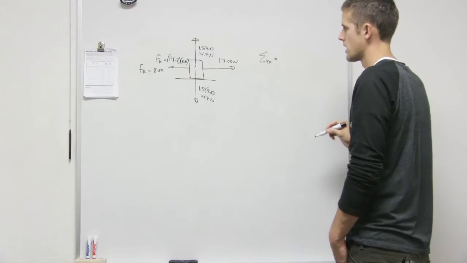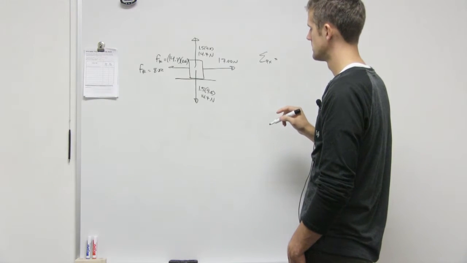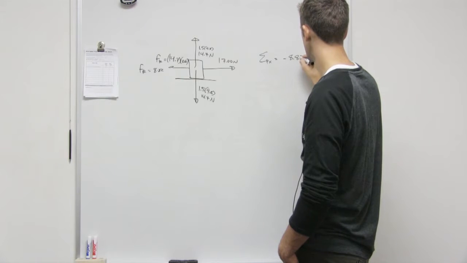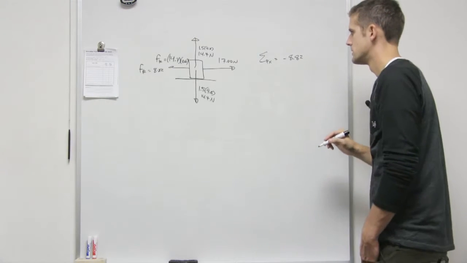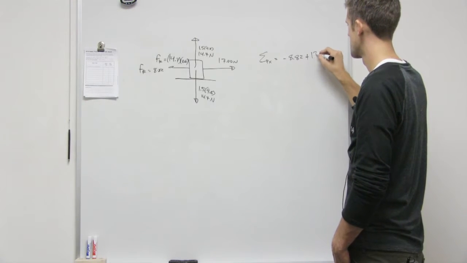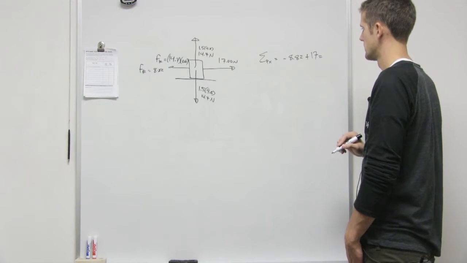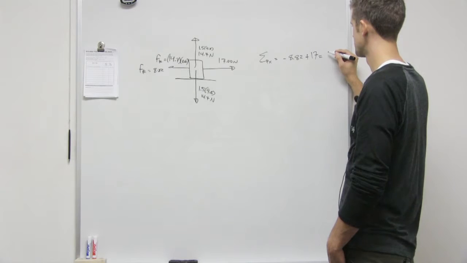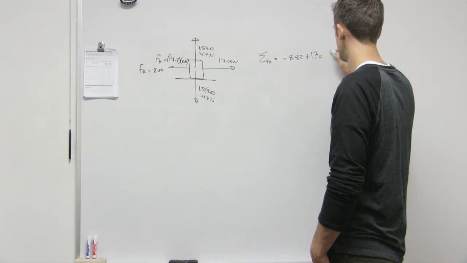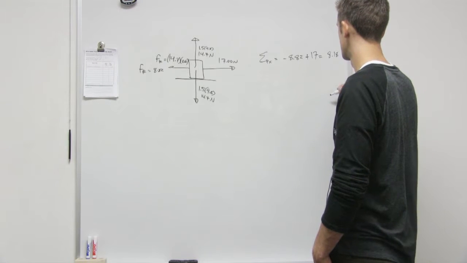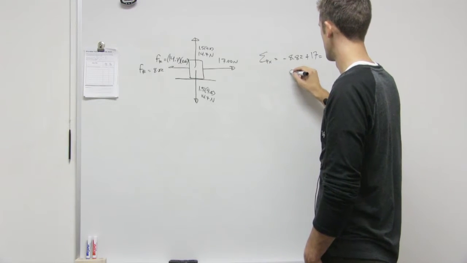We've got 17 minus 8.82. It's 8.18. Okay. And what will that be equal to?